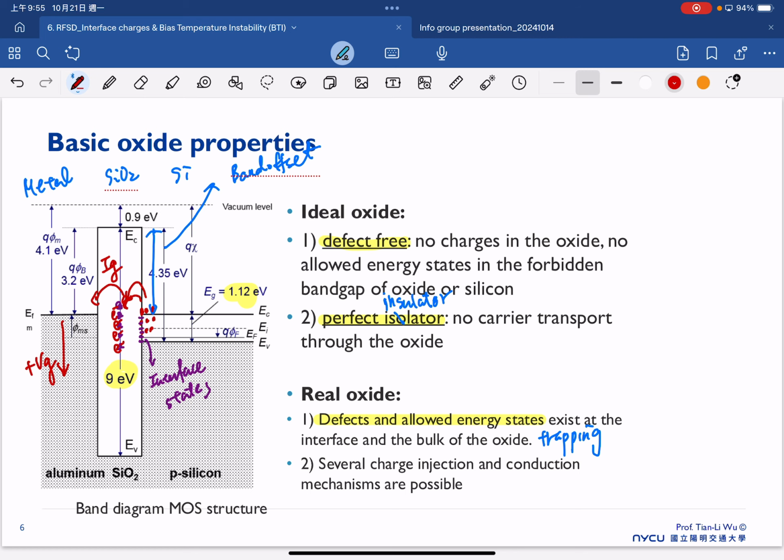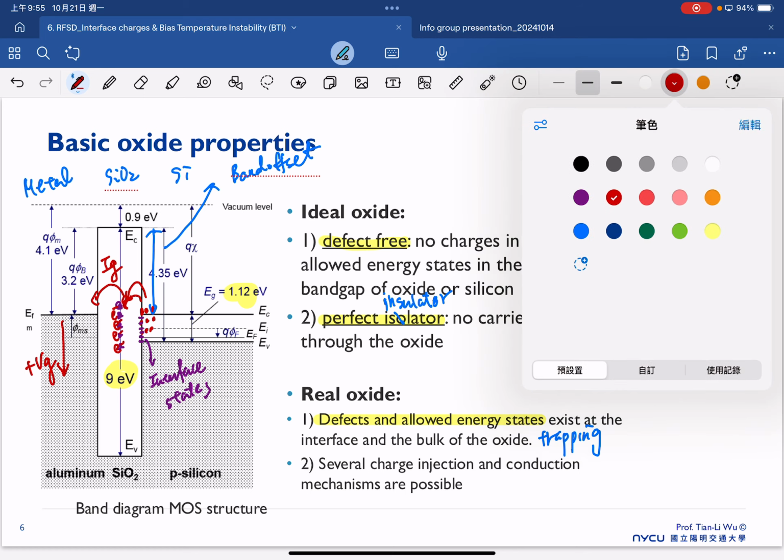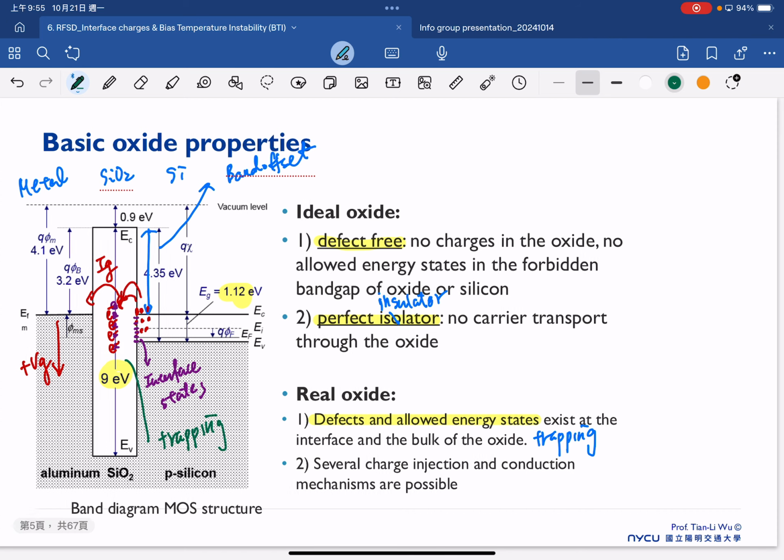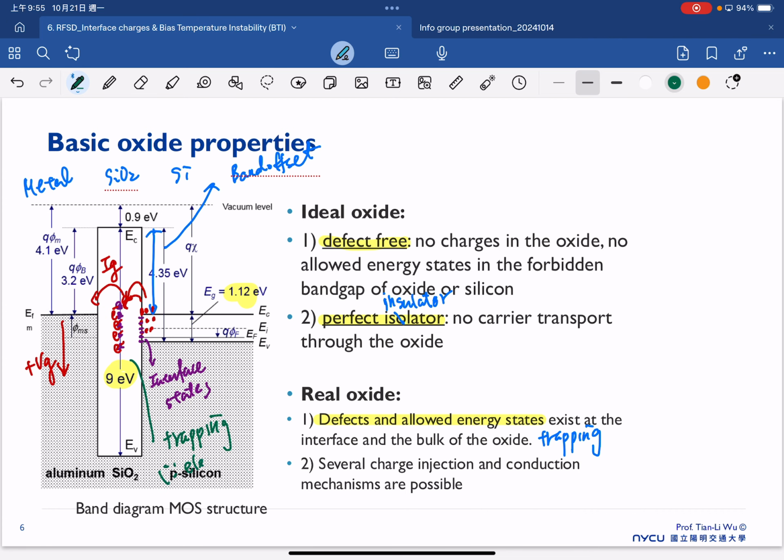This causes the trapping issue. So this trapping is because electrons are captured by the interface state or defect.